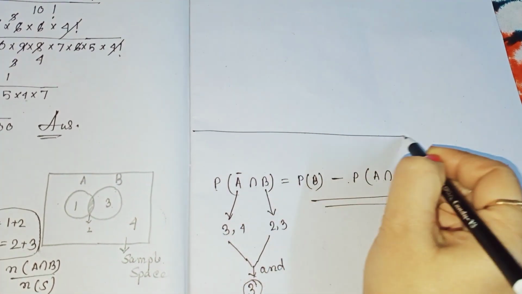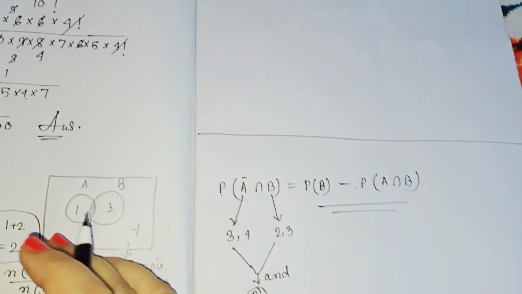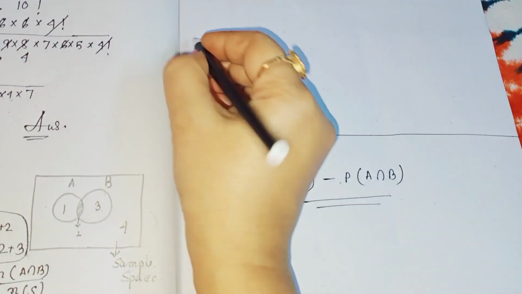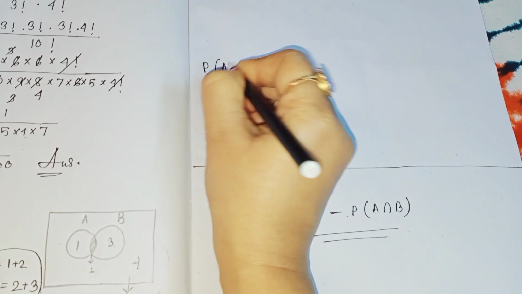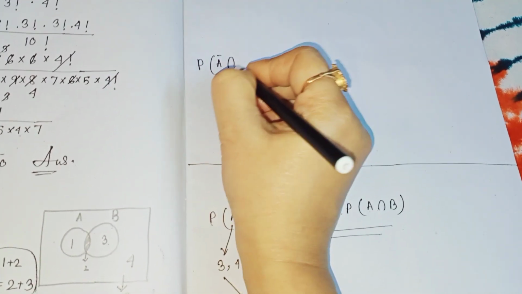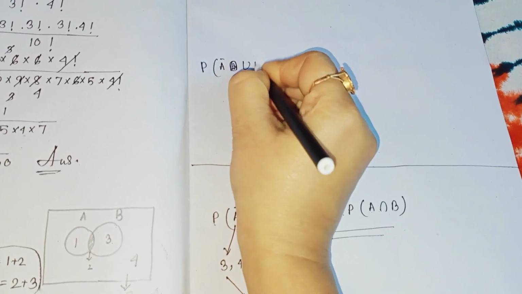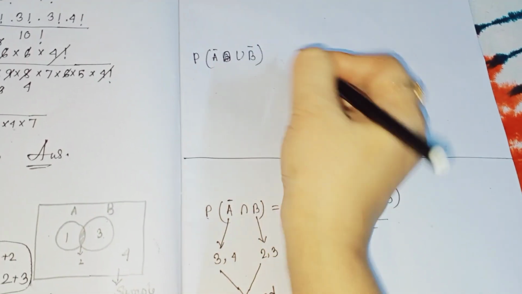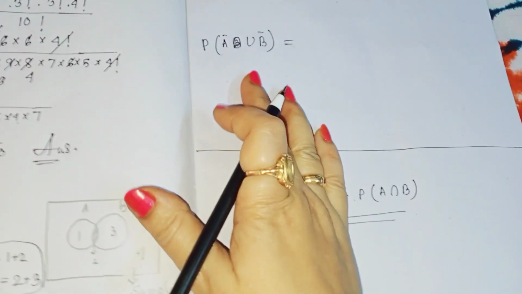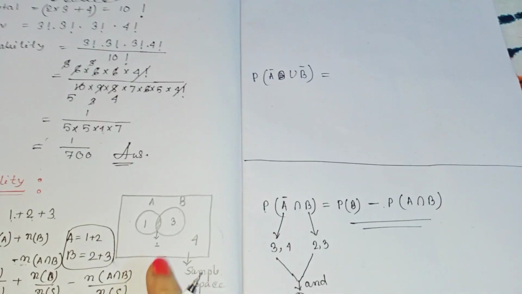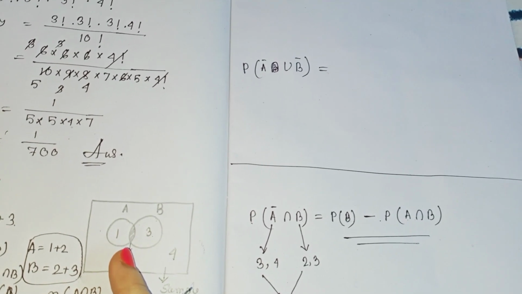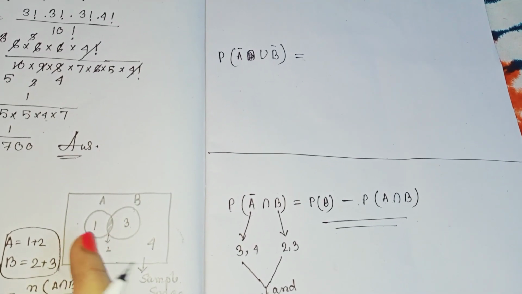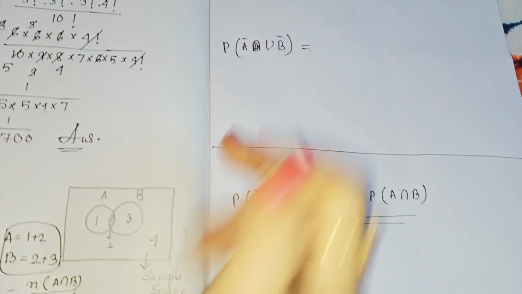Now another formula. Another very important formula is P of A complement union B complement. A bar means leave every element which is not in A. So it is 3 or 4.